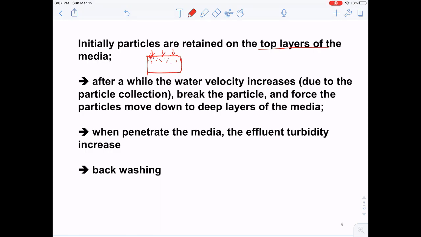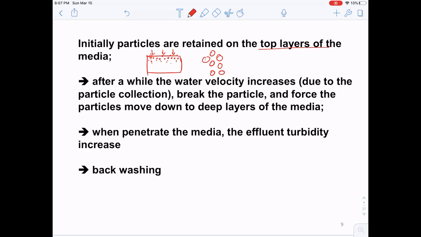Then after a while, as you can imagine, more particles get collected on the sand filter, and this also means it's going to create a smaller cross-section area for the water to pass through. For example, we can think of it this way.